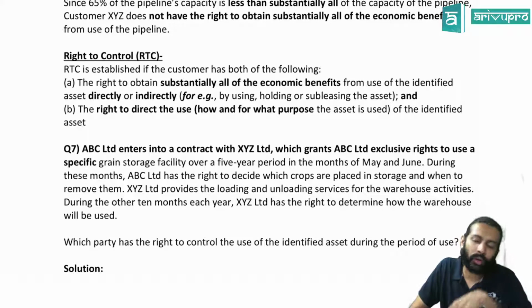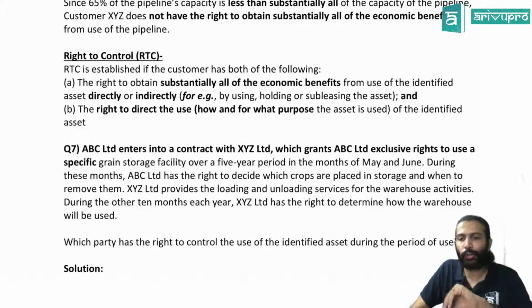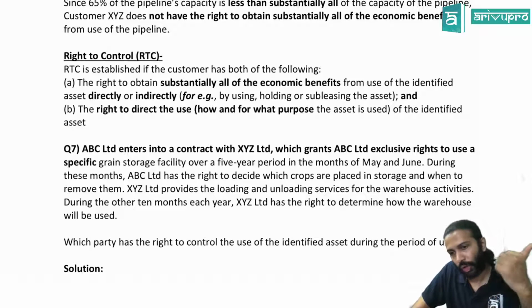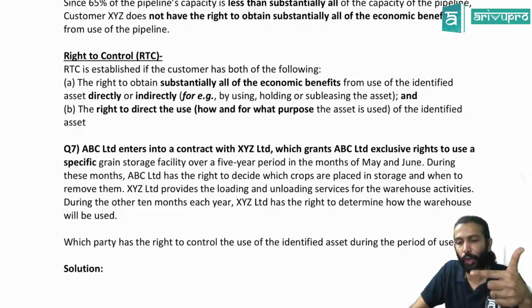So they gave two recognition exemptions. You can use them; it's not a compulsion. What are those two conditions? One, if it is a short-term lease. Two, if you have a lease of low value assets. For short-term lease and low value assets, you need not do all this fancy accounting. What accounting will you do then?